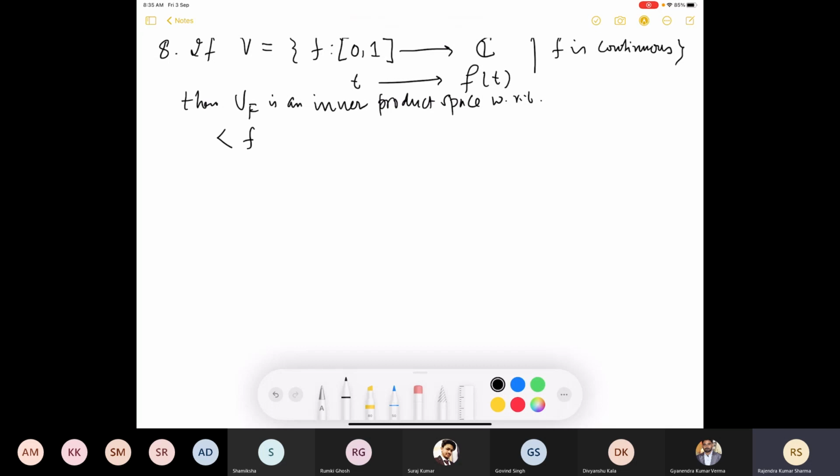So f with g, f(t) g(t), is the integral from 0 to 1 of f(t) g(t) bar dt. Now this is a complex number, so this bar also makes sense.